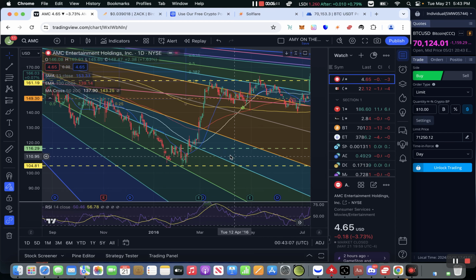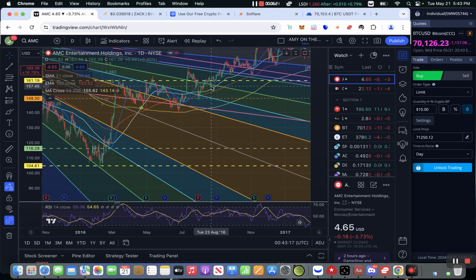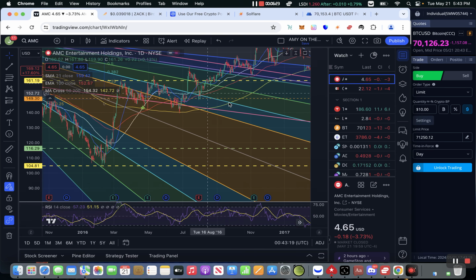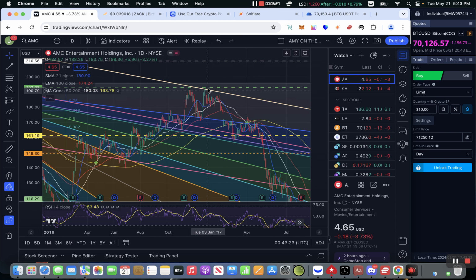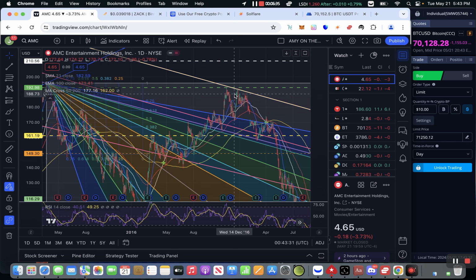So looking at this right here, in 2016 it goes over the zero line on this speed fan, and it starts getting more bullish sentiment going up, and then it hits this spot right here, which is our second highest point on AMC before 2017, right?